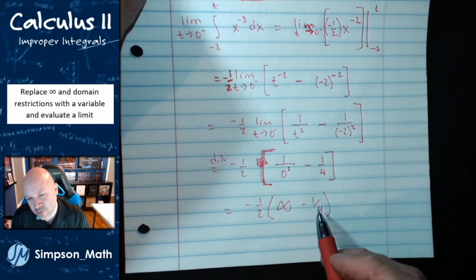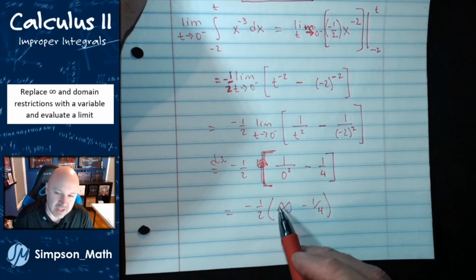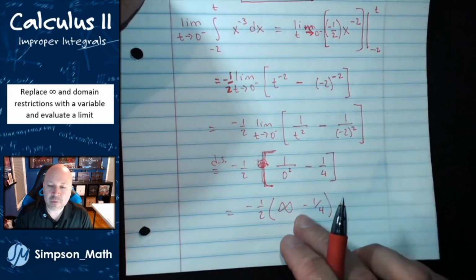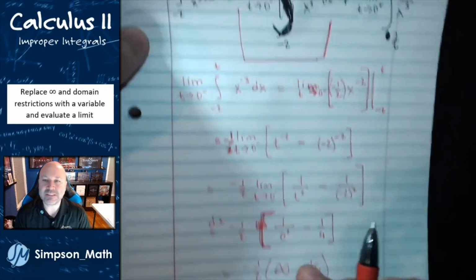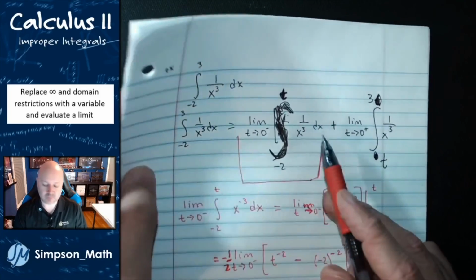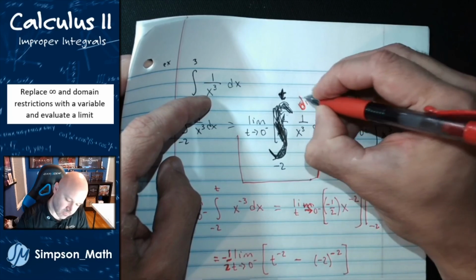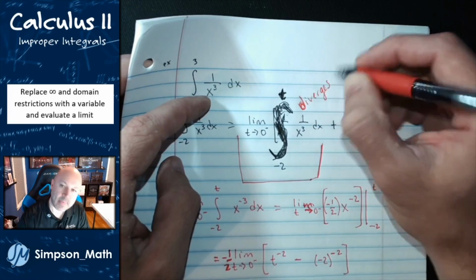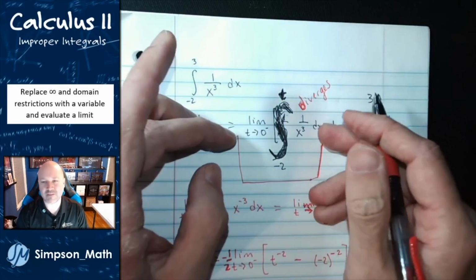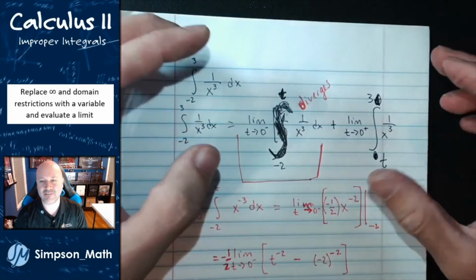If you take a fourth away from infinity, and even half infinity, it's still going to be infinity. So that very first limit diverges. Well, if 1 will diverge, that means the entire thing has got to diverge.